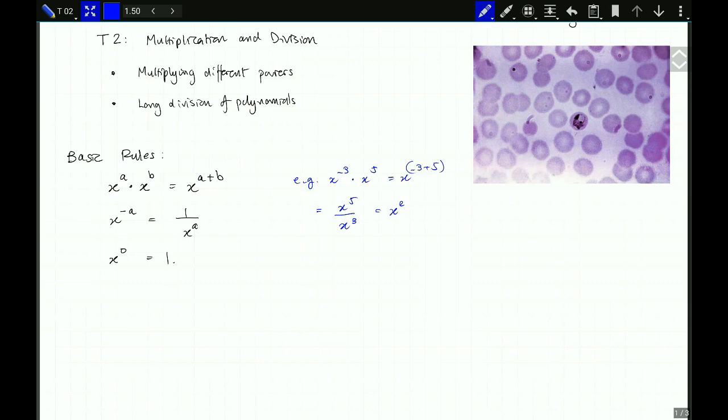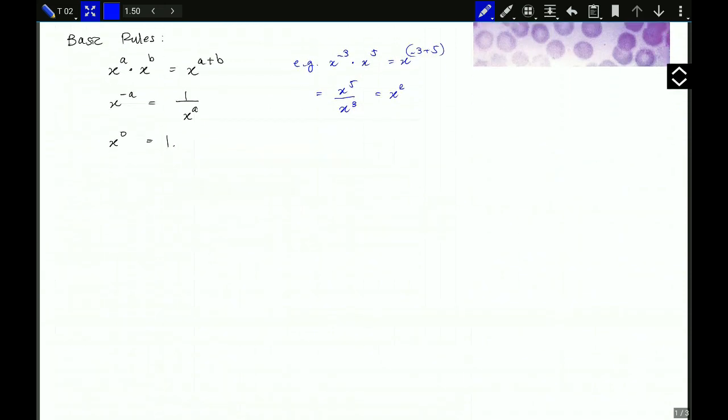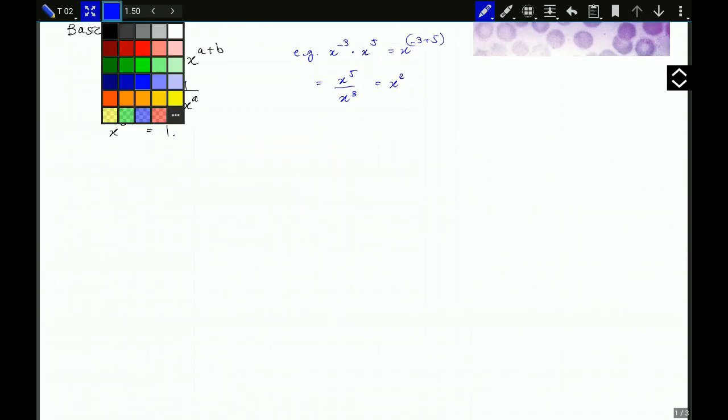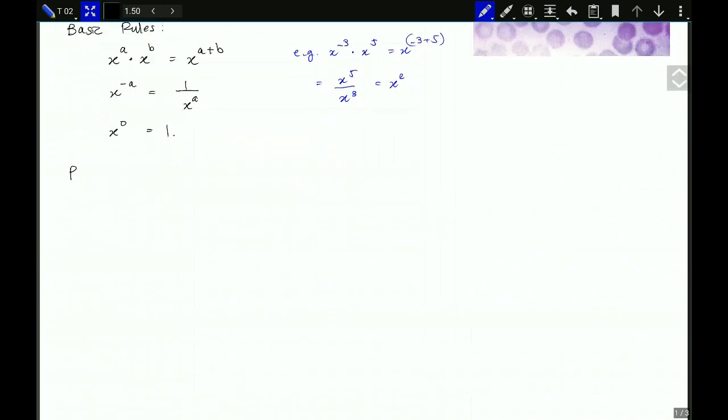So if we do powers of powers, or exponents, is another word we use, let's just do one example.